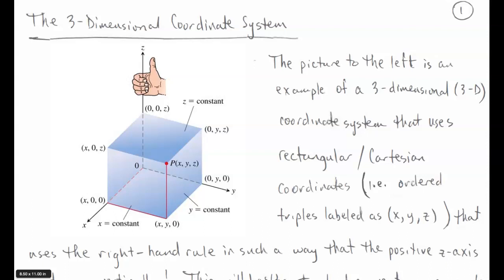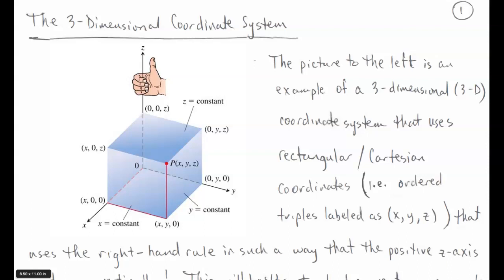So the picture that you see here is the convention that we're going to use for the three-dimensional coordinate system. There are several conventions, but this will be the one that we'll use. And so we basically say that this is the three-dimensional coordinate system that goes along with the right-hand rule.